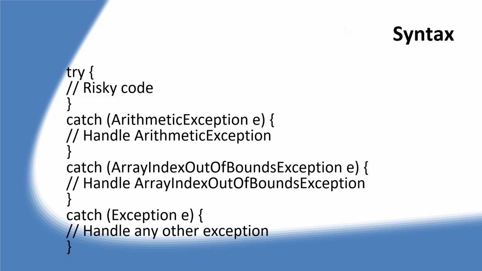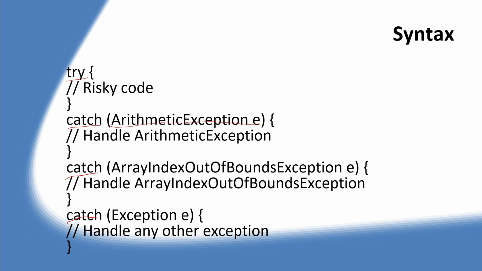This is the basic syntax of multiple catch blocks. There will be one try block and multiple catch blocks, catch and another catch. That's what we call multiple catch blocks, each handling a specific type of exception.